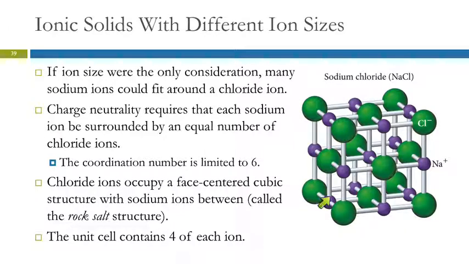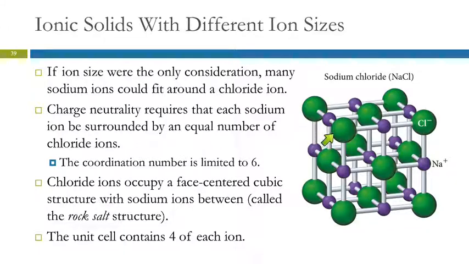So the way these arrange is the chloride ions occupy a face-centered cubic structure, and the sodium ions are in between them. Kind of looks like a funny jungle gym, doesn't it? So this is called a rock salt structure, and each of these unit cells contains 4 of each ion. So the chloride ions, and we generally focus on the anions because they tend to be the larger.